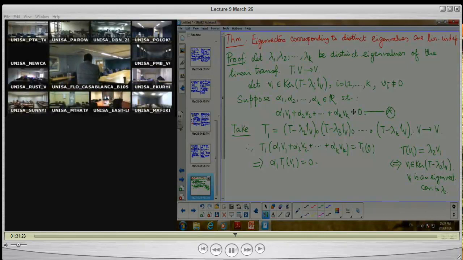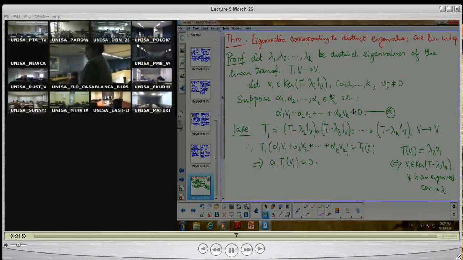Can you get this? So therefore, T1 of V2 is 0, because this one is 0. T1 of V3 is 0. T1 of the rest is 0.